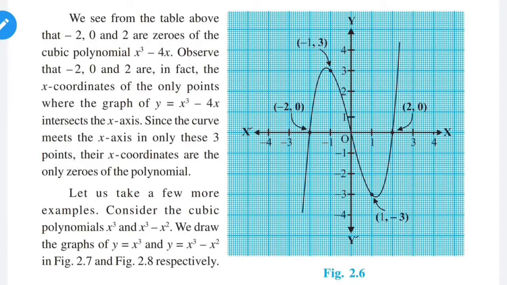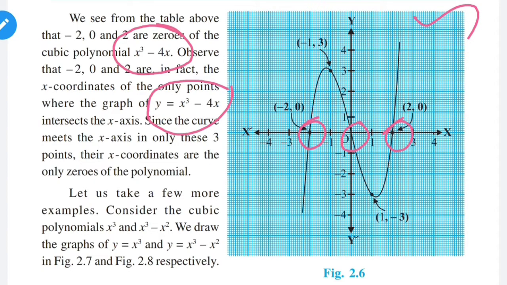Now we can draw the graph of the cubic polynomial x cube minus 4x. It is a cubic polynomial. If we draw the graph of y equal to x cube minus 4x, we will get a curve like this. Just look at the graph. The graph intersects the x-axis at 3 points. 1, 2, 3.